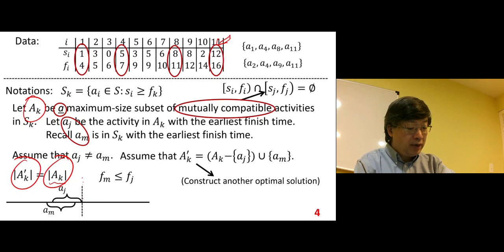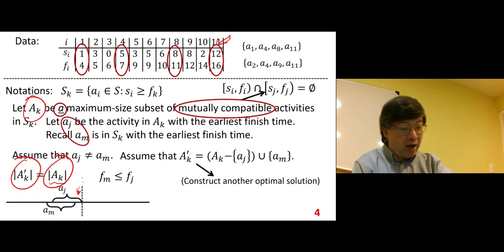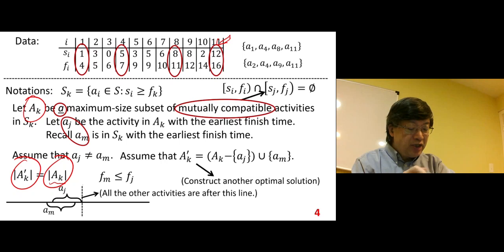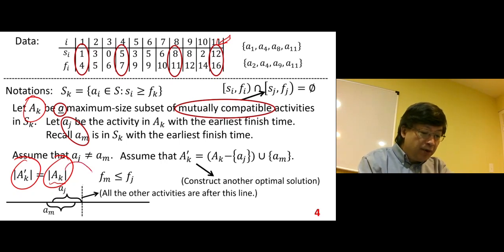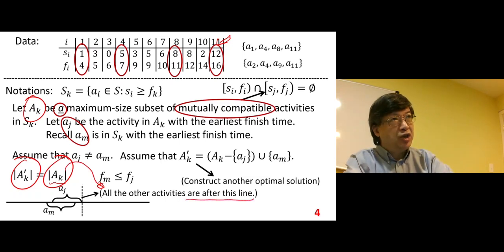Because this has the earliest finish time. For others, your finish time can only be after this line. But compatible, so your start time also should be after that line. So we can see all the other activities in capital A K must be after this dashed line.